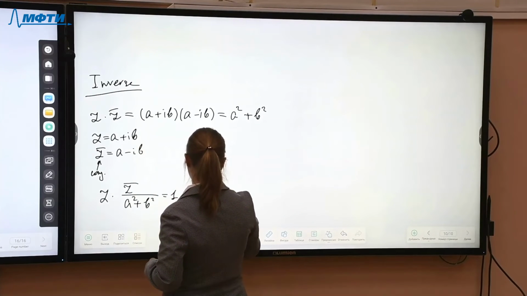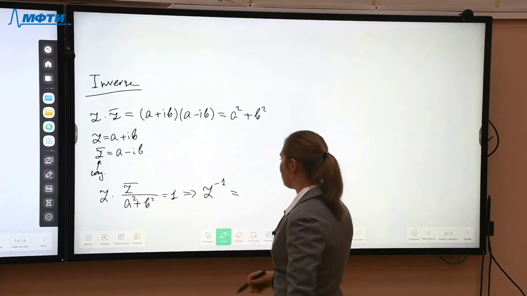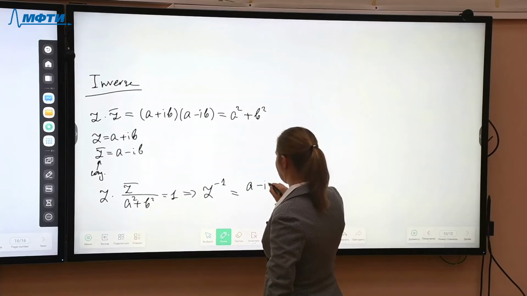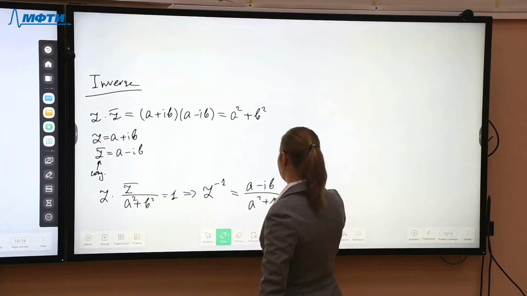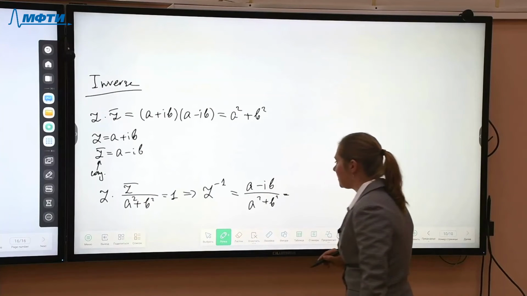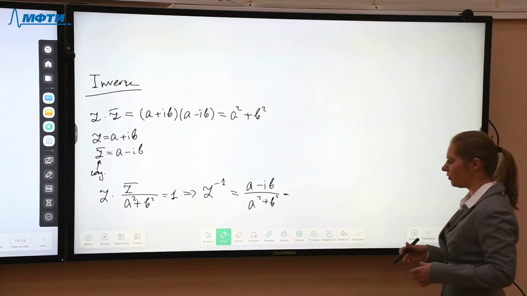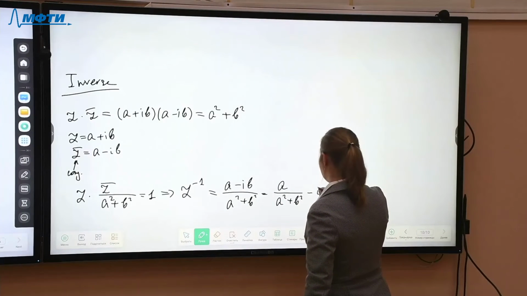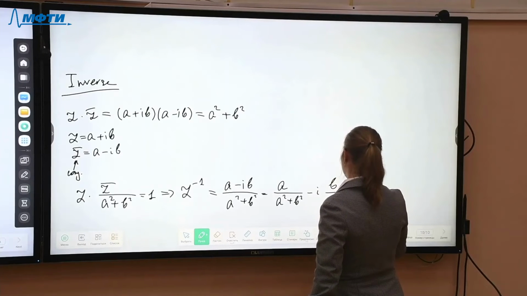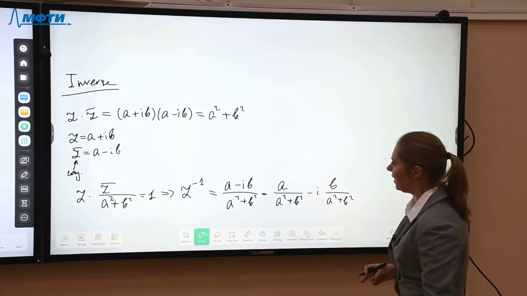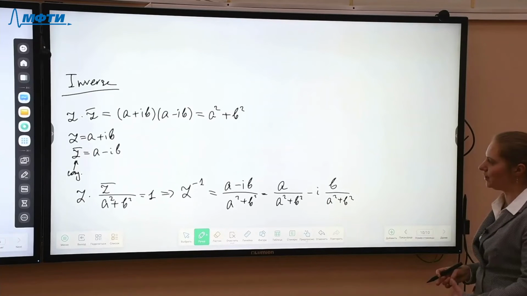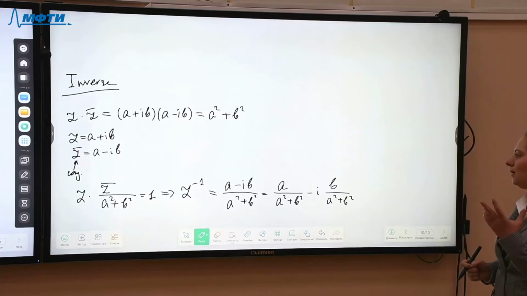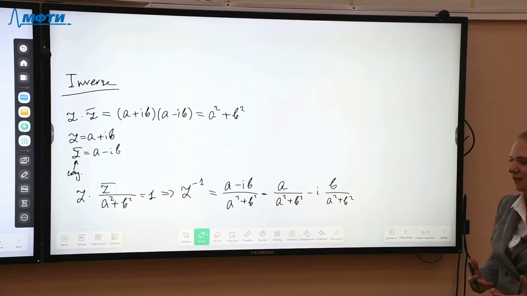It means that z to the minus 1, the inverse of our complex number, is a minus ib over a squared plus b squared. And if we want to write it in the algebraic form, in the initial form, it is a over a squared plus b squared minus ib over a squared plus b squared. Okay, so we showed that if we have a non-zero complex number, we can find the inverse of this number using this formula.